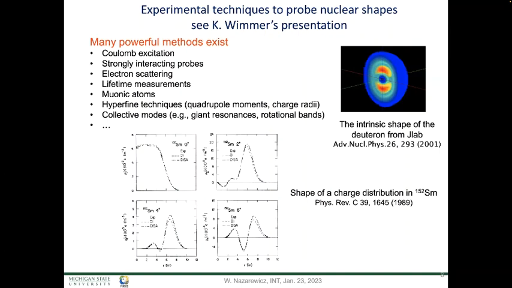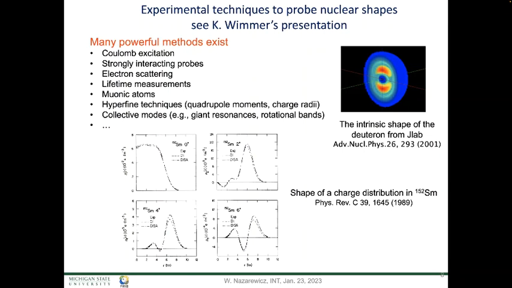The structure of muonic atoms: a muon can enter the nuclear interior, and if the nuclear interior is deformed, the levels of muonic atoms will change. And there are electronic hyperfine techniques, which give you quadrupole moments directly. So this is this Casimir idea, right?